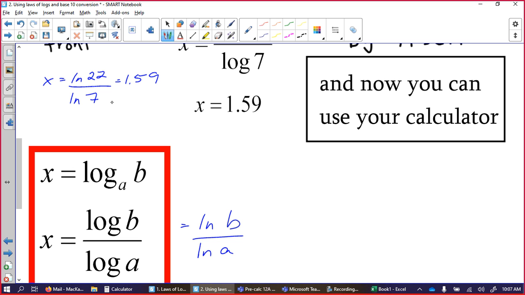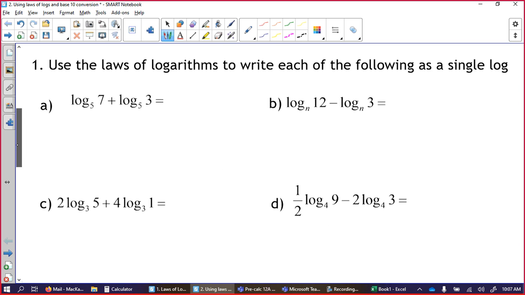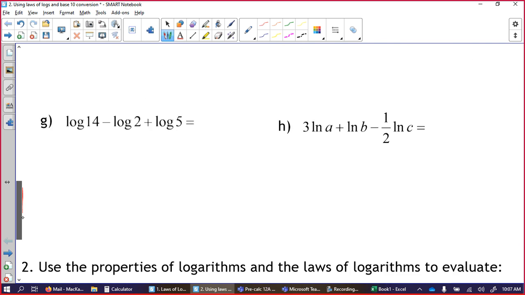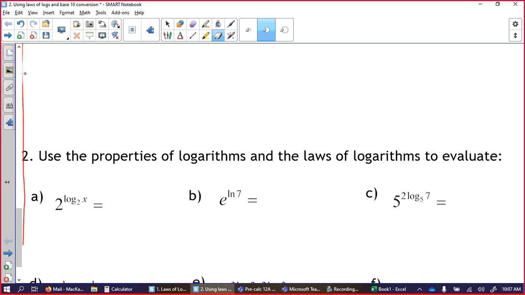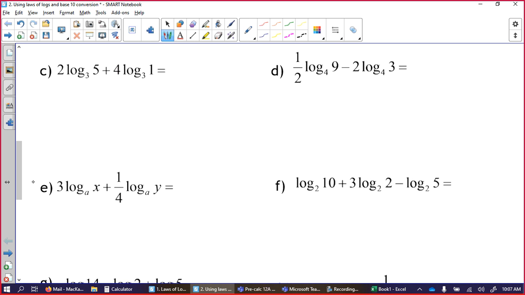Once you get it to that point, you pull out your calculator, because anything like up here you should be able to do without a calculator. Even if it says evaluate, if we were to have an exam I would probably design most of it so you don't use a calculator.